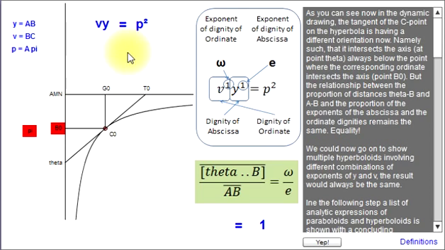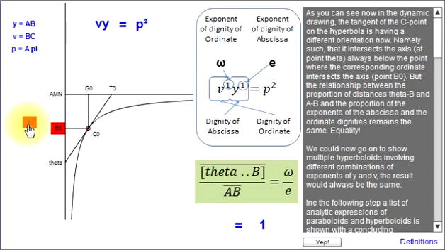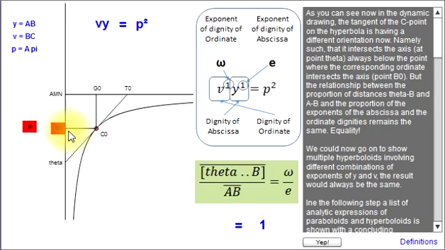And indeed, if we look now to the distances and their proportions, we again see that the tangent of the point intersects the axis in some point theta.